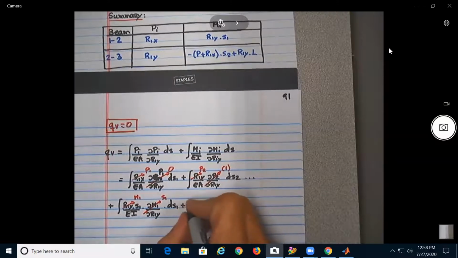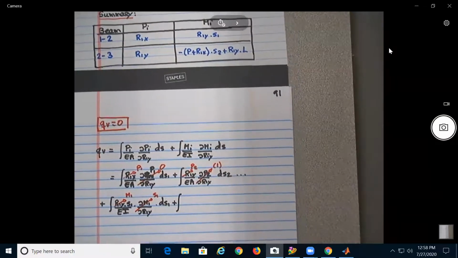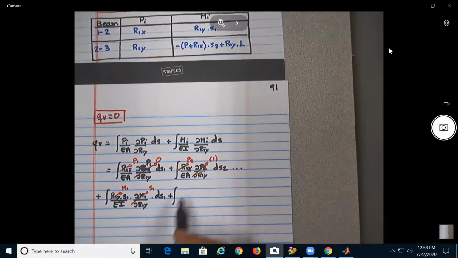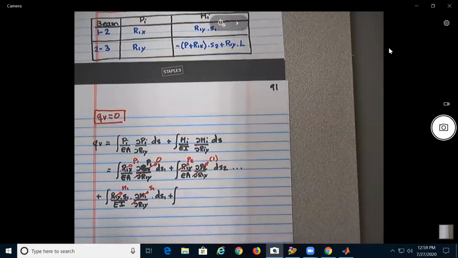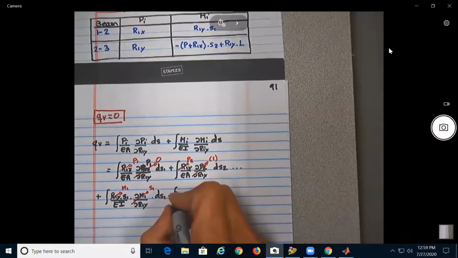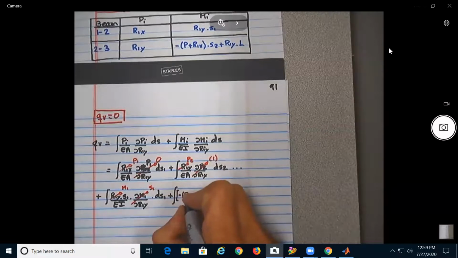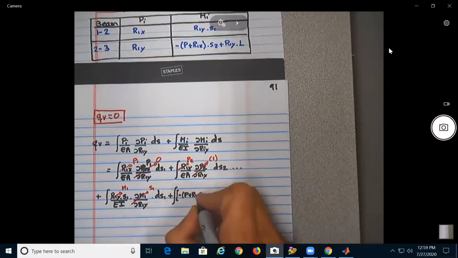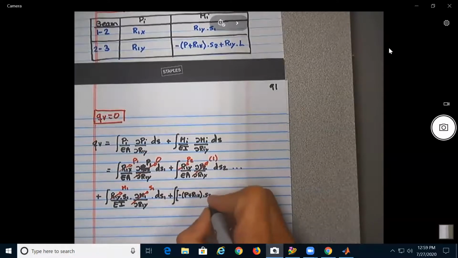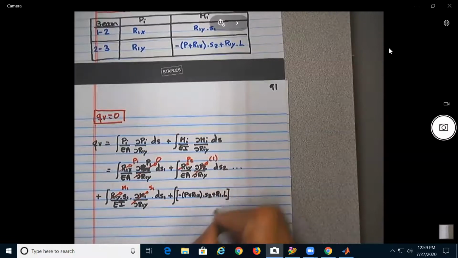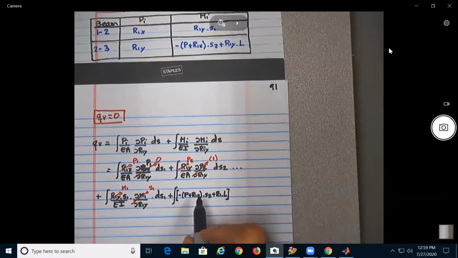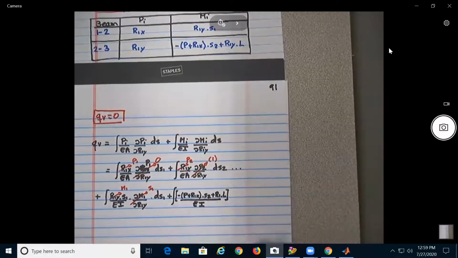Plus, that one is going to be the long one. Hopefully I can put it on whatever is left. Now it should be M2, which is the long one, which is equal to what? M2 is equal to, put a bracket, minus P plus R1X S2 plus R1Y L, divided by EI.